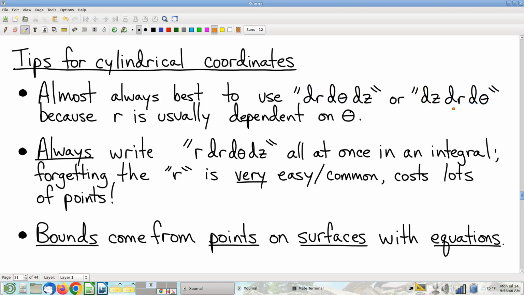Next observation, again, don't forget your stretching factor. You'd be surprised how easy it is. Always include that stretching factor as part of this whole thing that you write down all at once. Because after all, that is what dx dy dz is. This is what a volume differential looks like if you're using cylindrical coordinates. dr d theta dz by itself, not a thing. You'll never need that by itself.